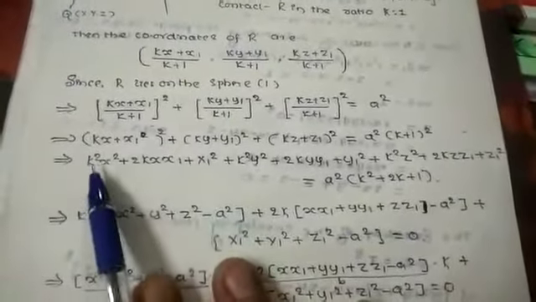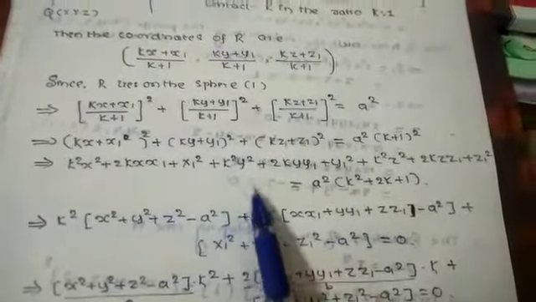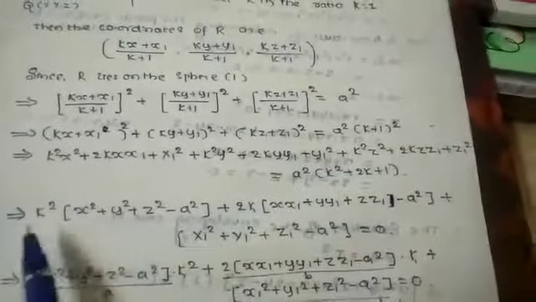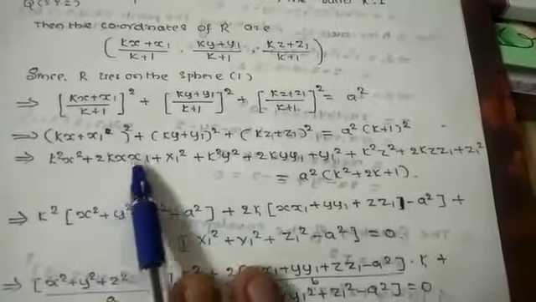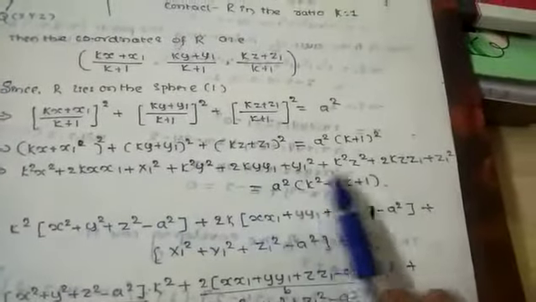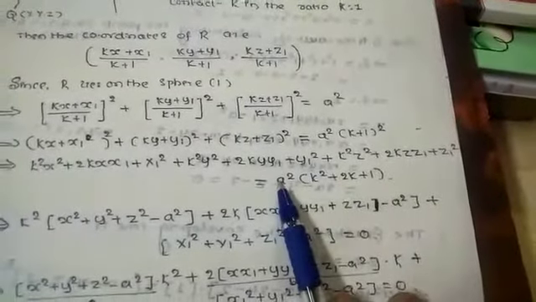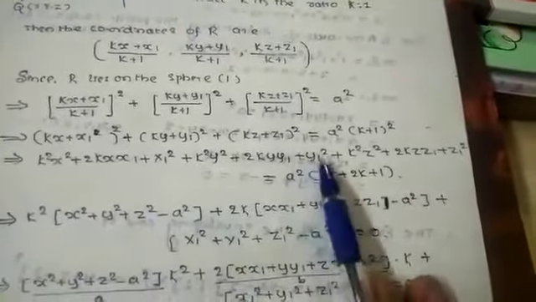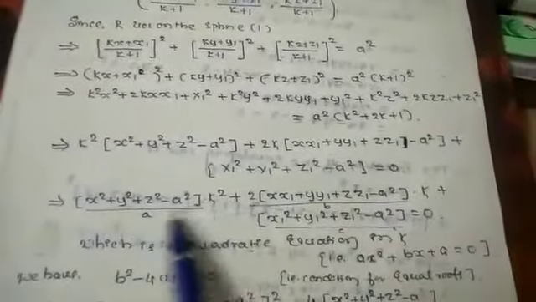In this equation, take k square as the common factor. The remaining terms are x square plus y square plus z square minus a square. Next, 2k is the common factor into (x x1 plus y y1 plus z z1 minus a square), plus the remaining terms x1 square plus y1 square plus z1 square minus a square, equals 0.